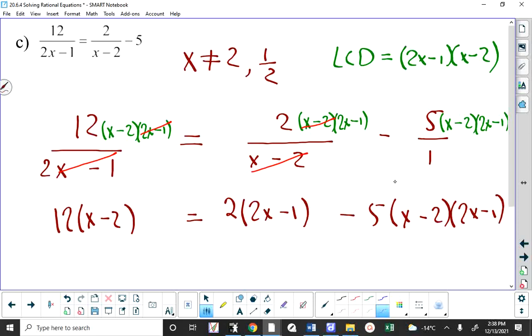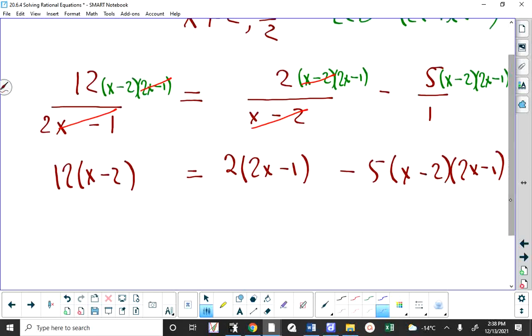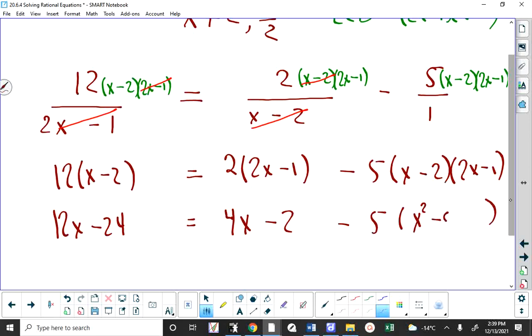Feel free anywhere along the way when you're doing this on your own to multiply this stuff out. If I were doing it on my own, I probably would have just written 12x minus 24, 4x minus 2, and I probably would have FOILed out the x minus 2 and the 2x minus 1.